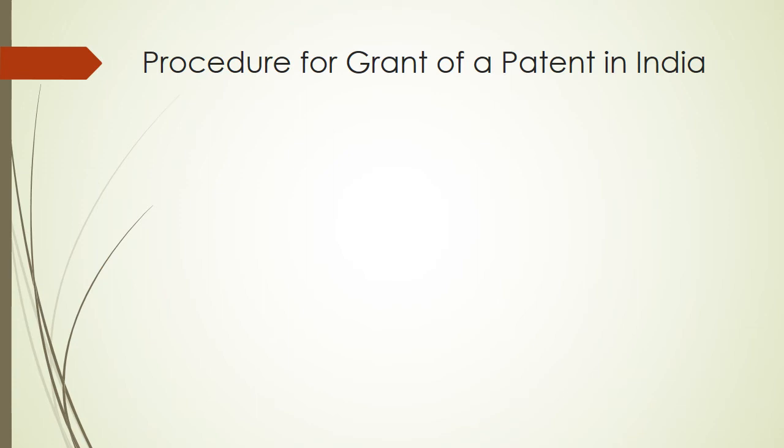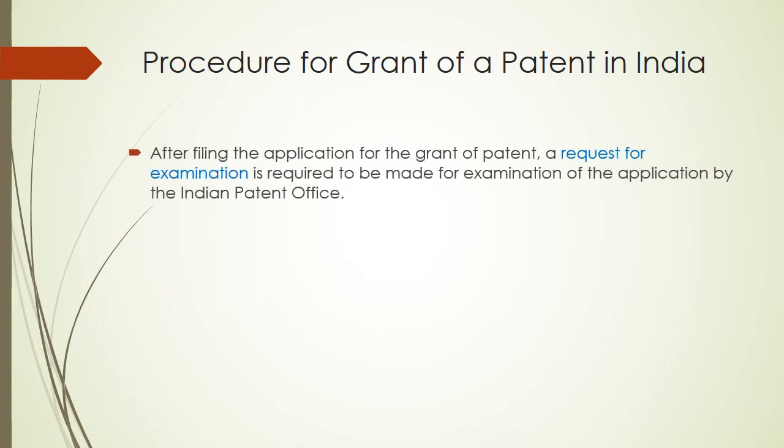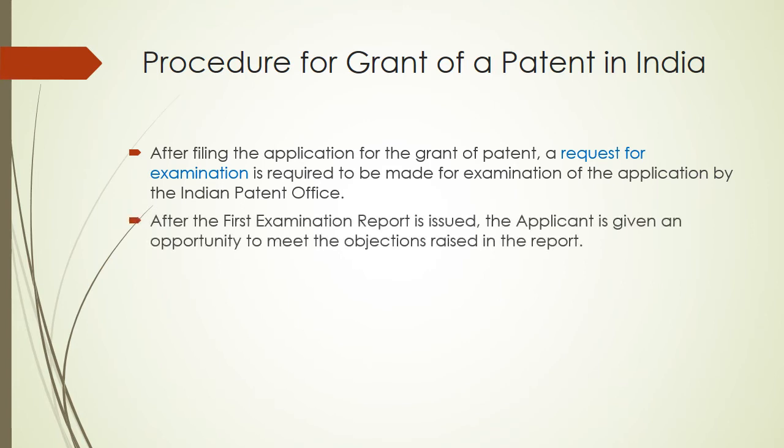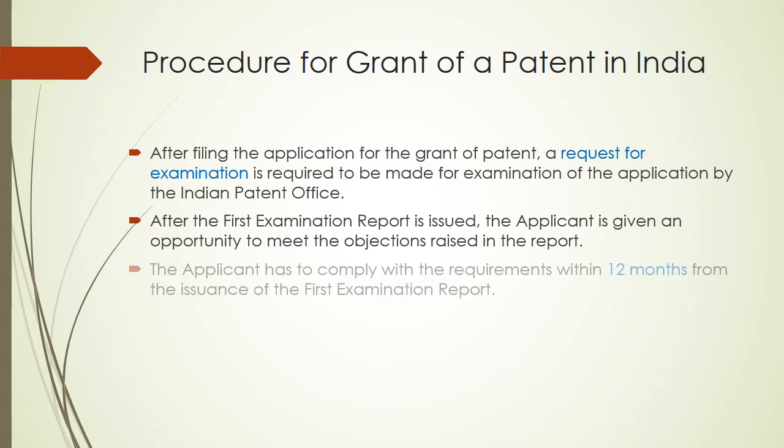Procedure for a grant of a patent in India. After filing the application for a grant of patent, a request for examination is required to be made for examination of the application by the Indian Patent Office. After the first examination report is issued, the applicant is given an opportunity to meet the objections raised in the report.